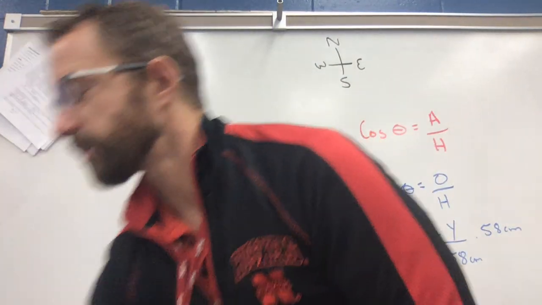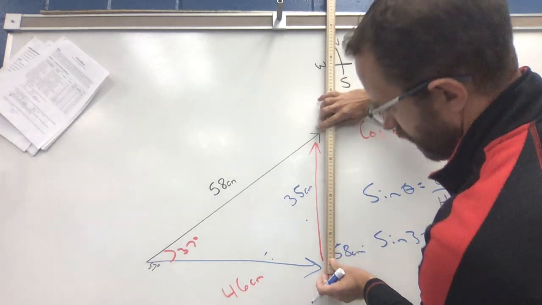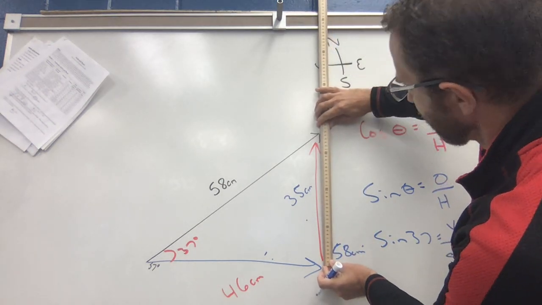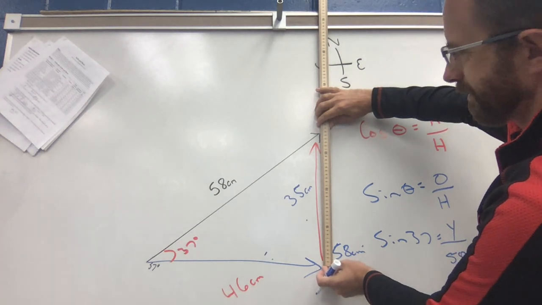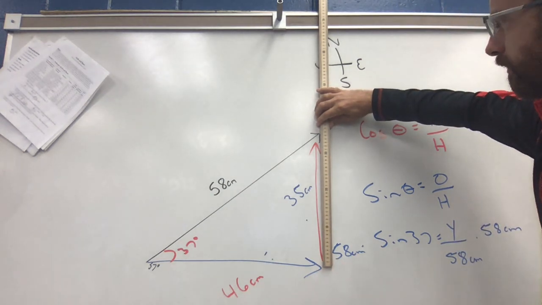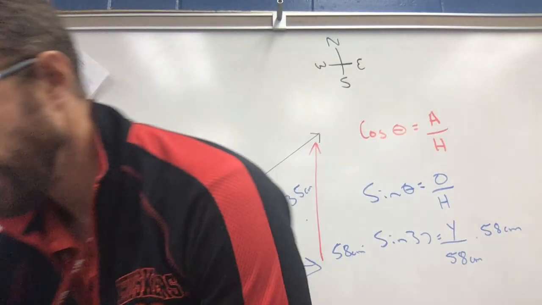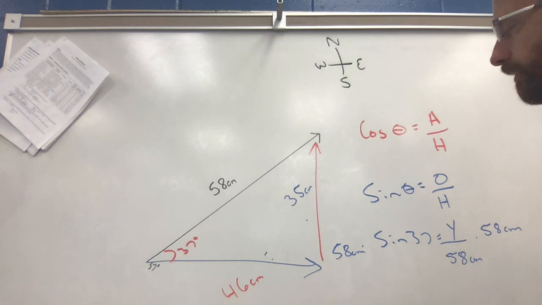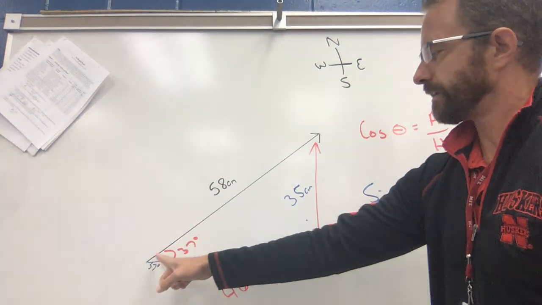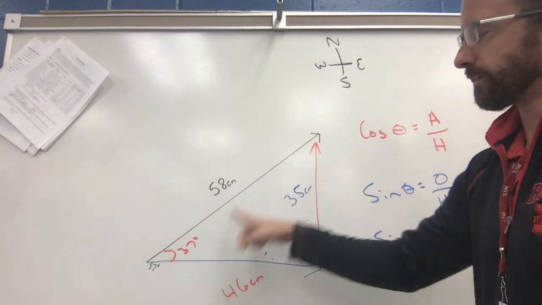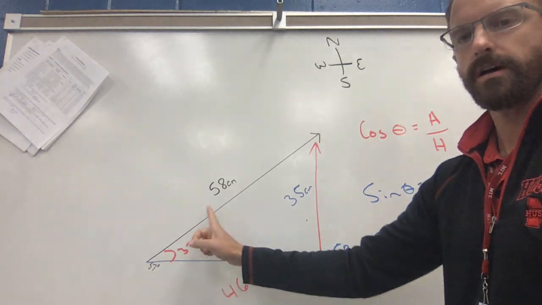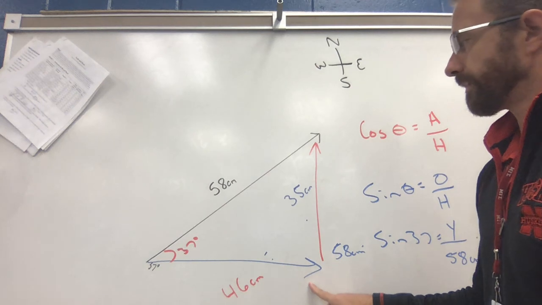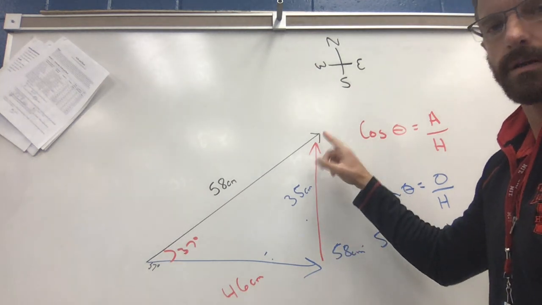If I double check that graphically, it looks like closer to 36, but with how straight those lines are, it's still basically the same amount. So when you move 58 centimeters at 37 degrees north of east, or up from the horizon, you'll move 46 centimeters east and 35 centimeters north.